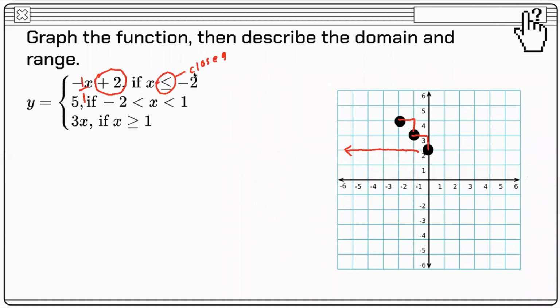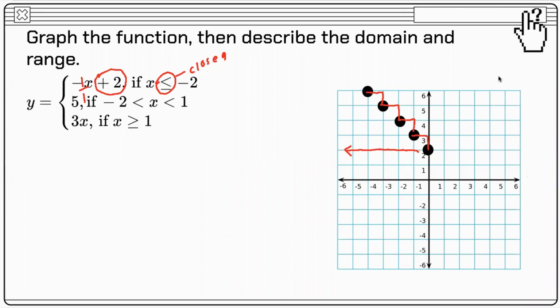Keeping in mind our domain of x is less than or equal to -2, I want to graph a few points farther from -2 so that I can draw a line. So I'll go up 1 and 1 to the left, and do that one more time, and there is our last point.